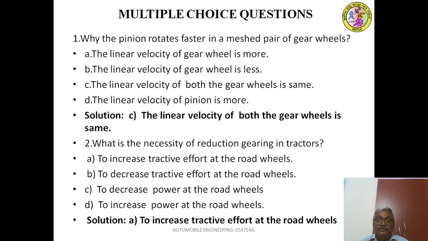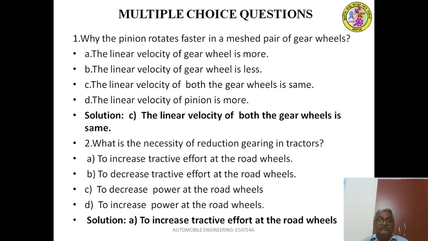That means it has more number of teeth. Their angular speeds may be different, but the linear velocity of both the wheels is the same. That's why the pinion rotates faster. That is the solution.